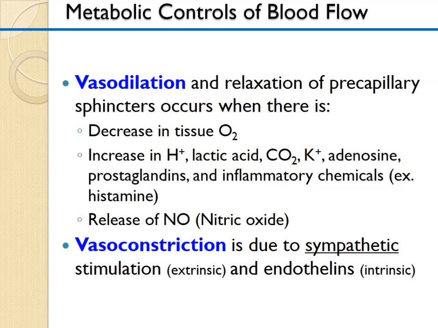So with these kinds of questions, we just want to ask what would happen with increased sympathetic stimulation. You get vasoconstriction. With vasodilation, this would happen when there's a decrease in tissue O2 to try to bring more flow.